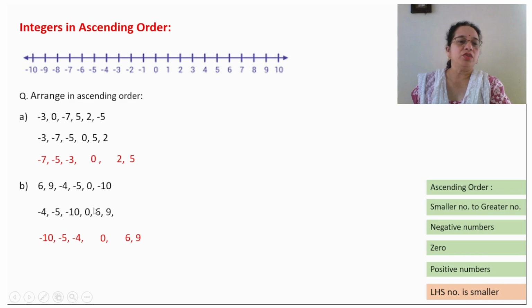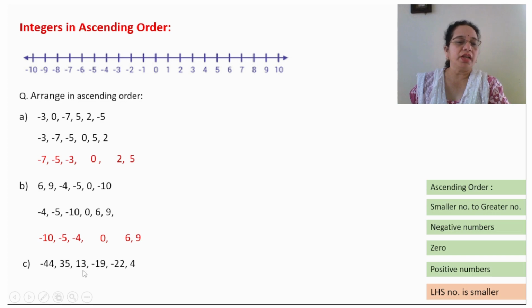Once you get practice, you can skip this, the middle one line, directly from this to this you can write. But initially to get the proper concept, first arrange all the negative integers together, all the positive integers together and 0, and then decide you are supposed to arrange in ascending and descending order. Accordingly you can arrange. So now here negative integers are there, so directly we can write down the answer.